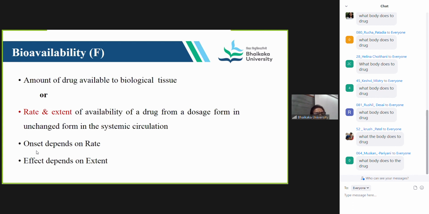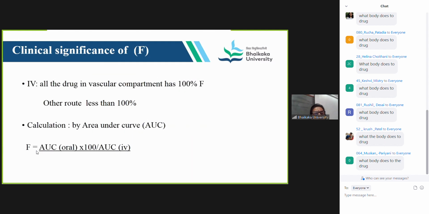What is the effect? Is it a beneficial effect or an undesired effect? These points are related to bioavailability. So onset depends on the rate and effect depends on the extent. So bioavailability is also very important for absorption.